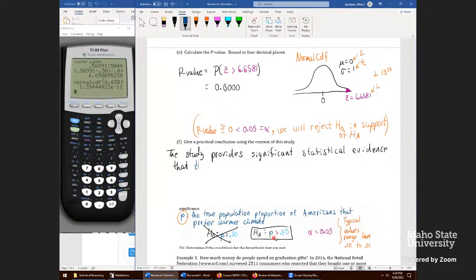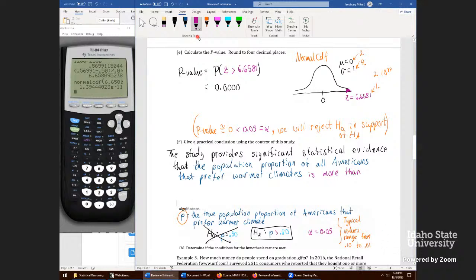So I'll write this as the population proportion of all Americans that prefer warmer climates is more than 0.50, or you could say 50%.